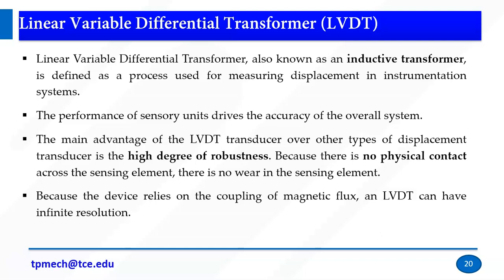This is one of the advantages of LVDT. In other devices there will definitely be contact, which causes problems. Also this device couples through magnetic flux, and an LVDT can have infinite resolution.